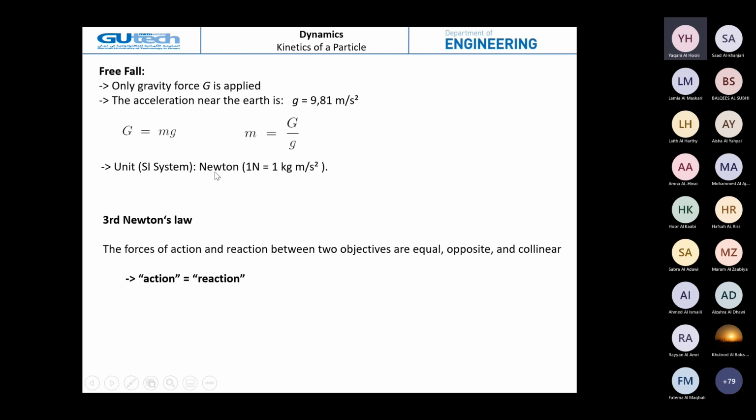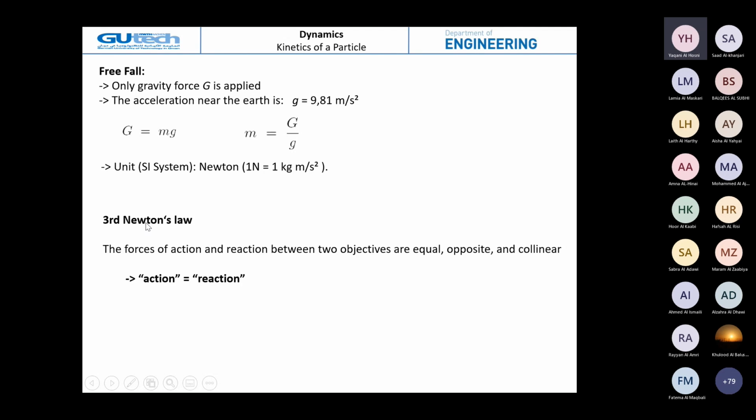The unit is the Newton, referred to the inventor of this second law. 1 Newton is 1 kilogram multiplied by meter divided by second square.